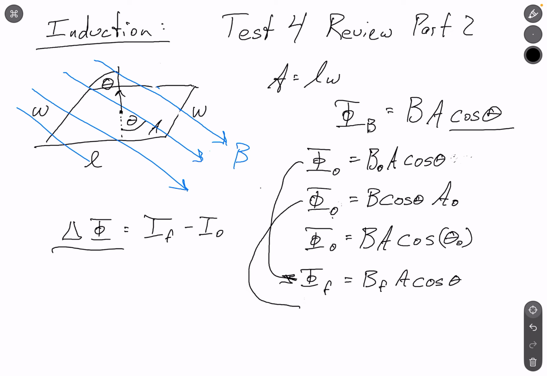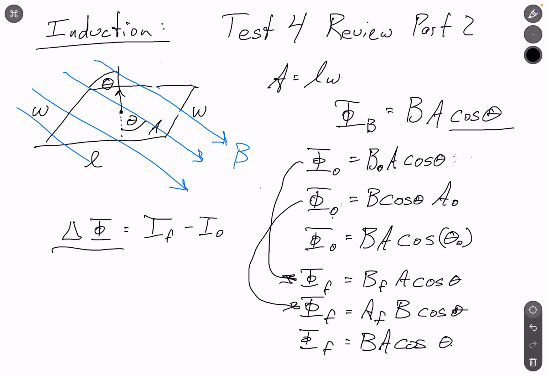This one and this one are linked, and that would be A final times a constant B times a constant cosine of theta. And then we have our final flux that's linked to the cosine changing, so we'd have our B, A that are staying the same, but our cosine of theta final. And those two are linked.